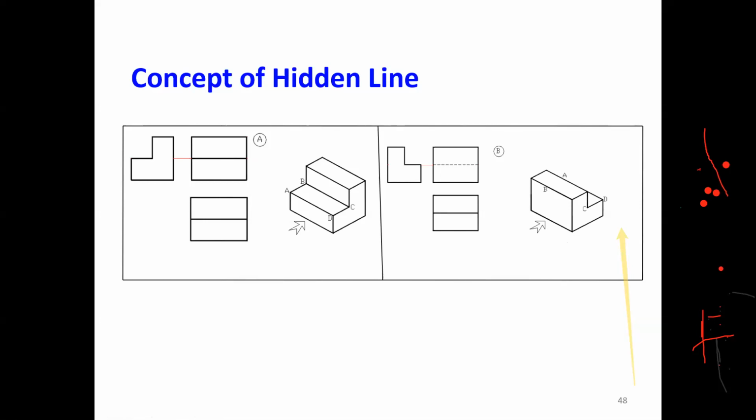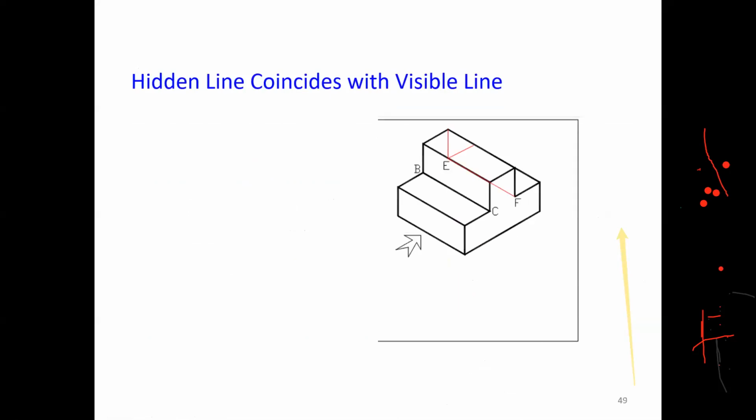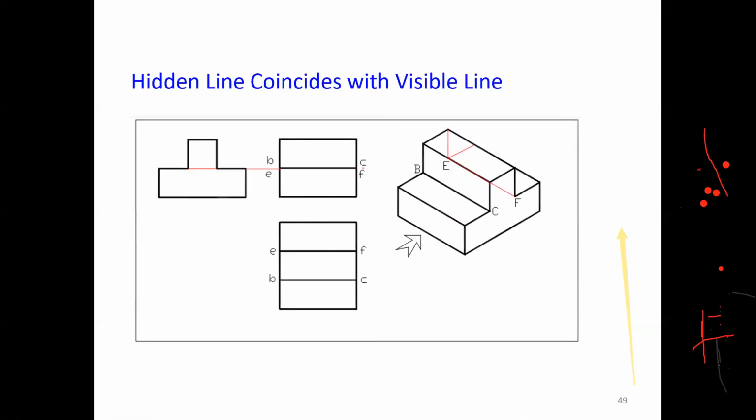So in orthographic projection, likewise, you have to prepare the hidden lines whenever hidden parts are there. Sometimes you will find an object like this. Okay. The red color indicates that these are hidden. But what happened? This B line is overlapped on this red line.